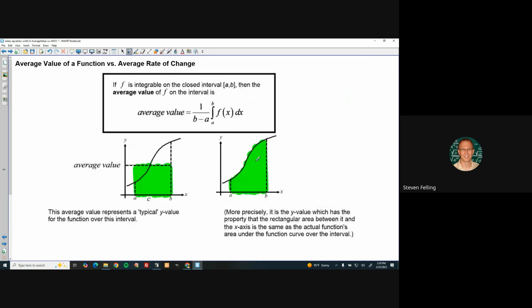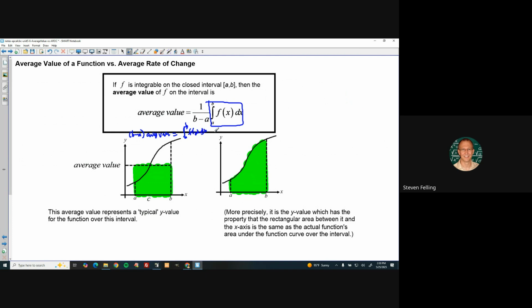You can think of it this way. If you were just to take this integral, that represents the actual area under the function curve. But the other way to get that is if you take this formula and multiply both sides by b minus a, you get b minus a times the average value equals the integral from a to b of f of x.